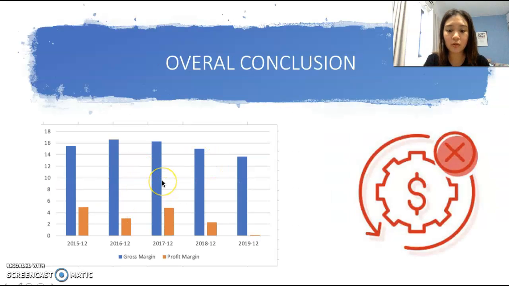In general, the gross margin doesn't have much change compared to the profit margin. This scenario shows that the company is not in a good position to make money or to seize any opportunities that may come because of the low net income. Therefore, it creates more risk for the business as well as investors.